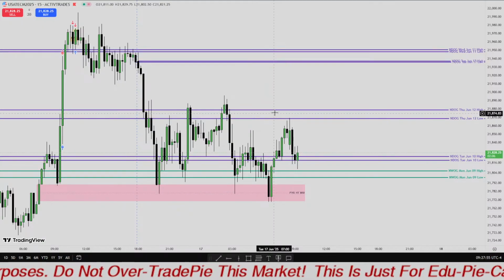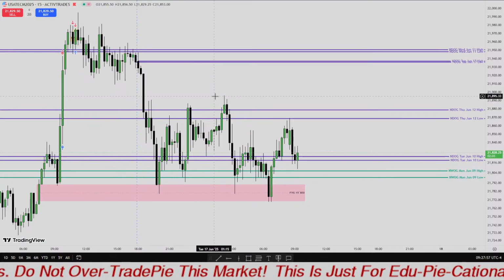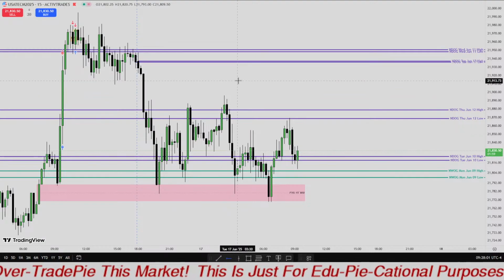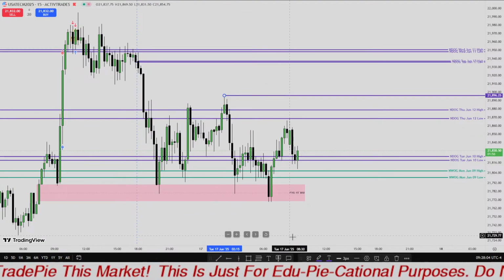After that, the next pool of liquidity that is interesting to me is above this single high, and I'm highlighting this in blue.